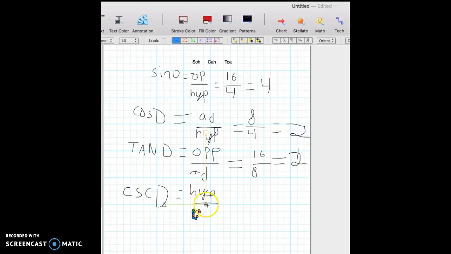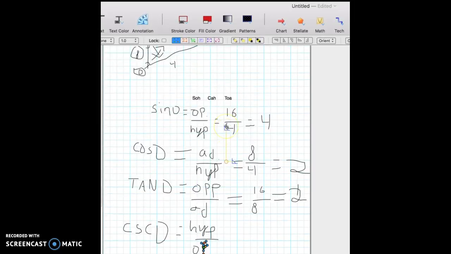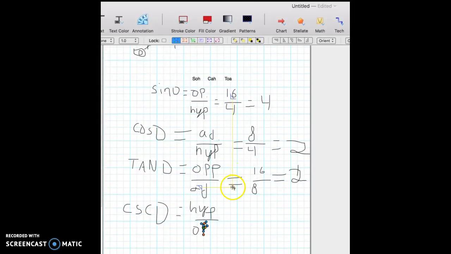Okay, now that we have that, we could go up and look at the triangle, but we know that our hypotenuse is 4.